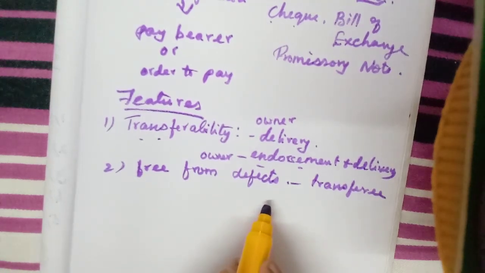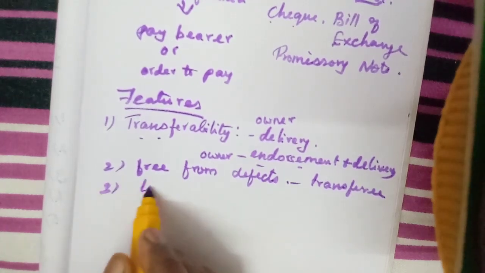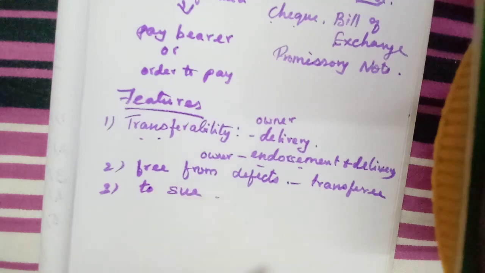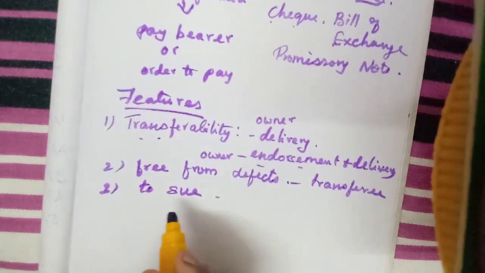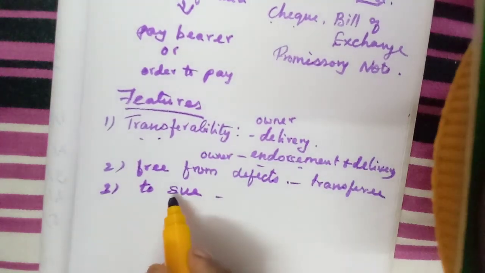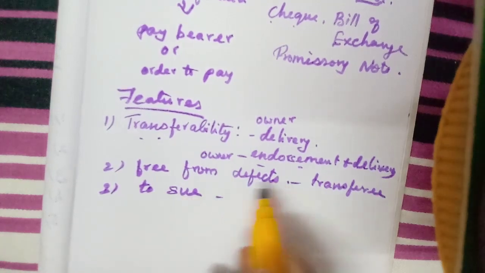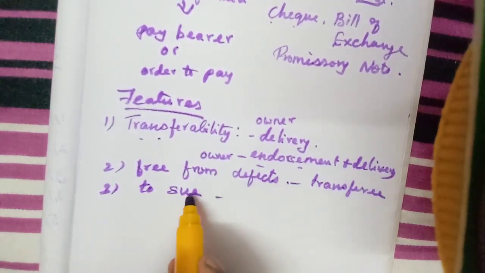Then the right of the transferee to sue. Example, I am issuing a check and giving it to another person, and when he goes to the bank, the transferor has to have deposited money in the bank.